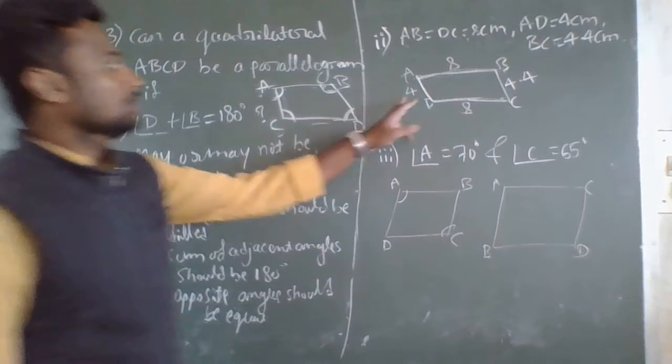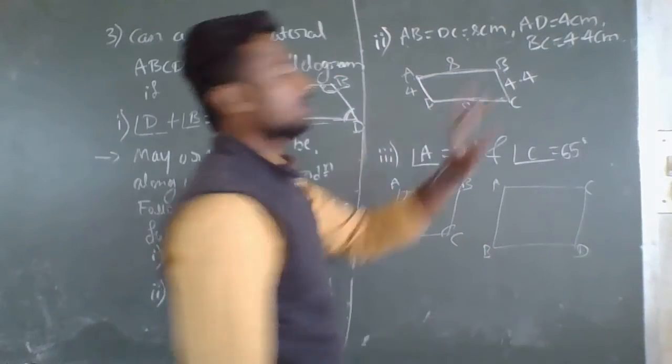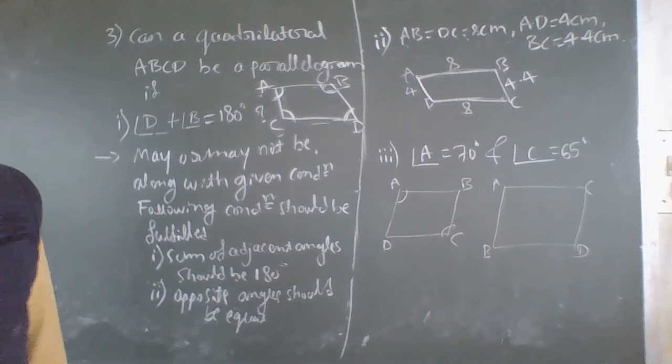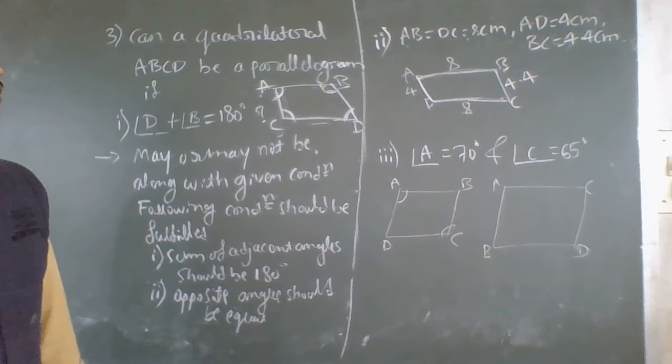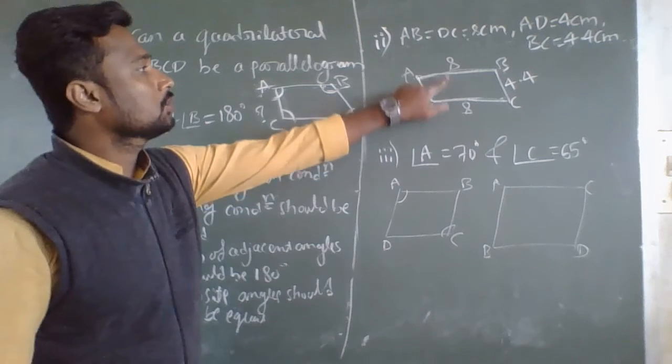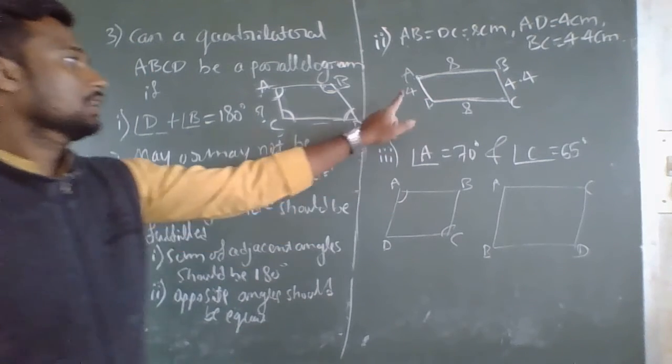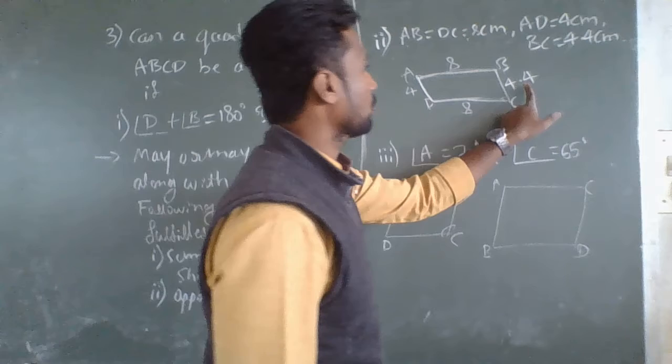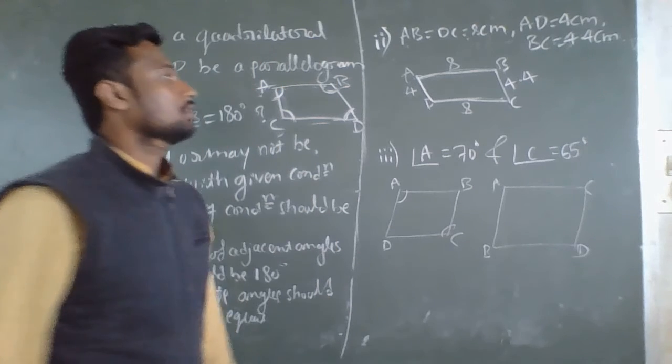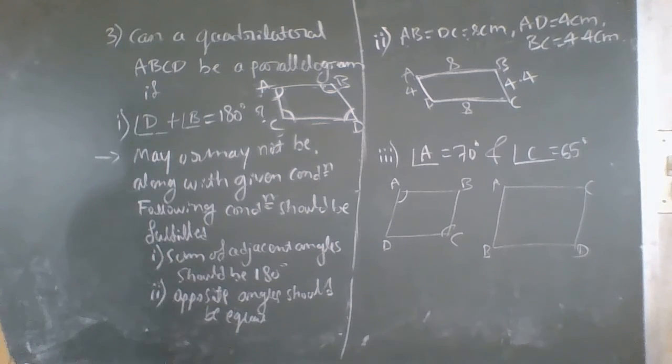But here these two sides are not equal to each other, and in a parallelogram, opposite sides should be equal to each other. So here it is 4 and here it is 4.4 centimeters. So this is not a parallelogram.